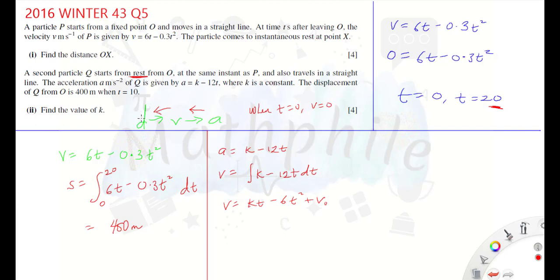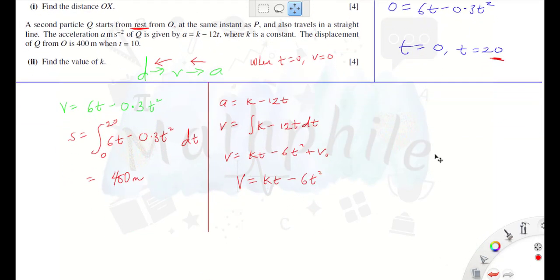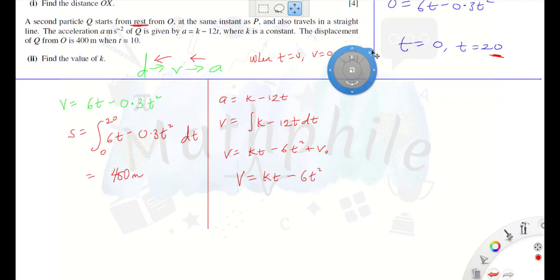So this will get you a final velocity function as kt minus 6t squared plus 0. I don't need to write the 0 over there. What's next? Then we integrate it one more time to get the displacement function.